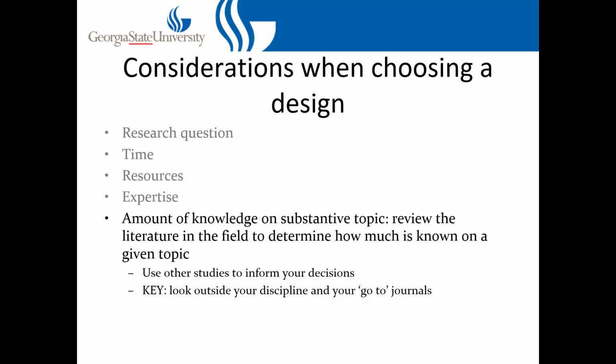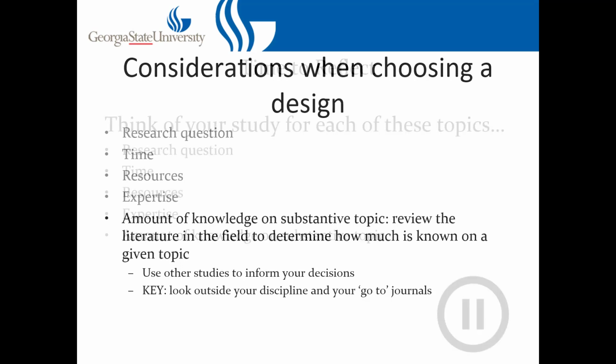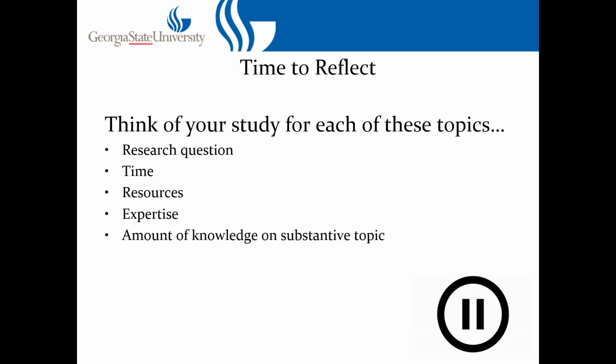Look at other studies who've collected data on topics that are similar or the same as yours to really see what quality is out there. So I want to pause and take a time to reflect. I want you to think of your own study for each of those topics: time, resources, expertise, and amount of knowledge on the substantive topic.